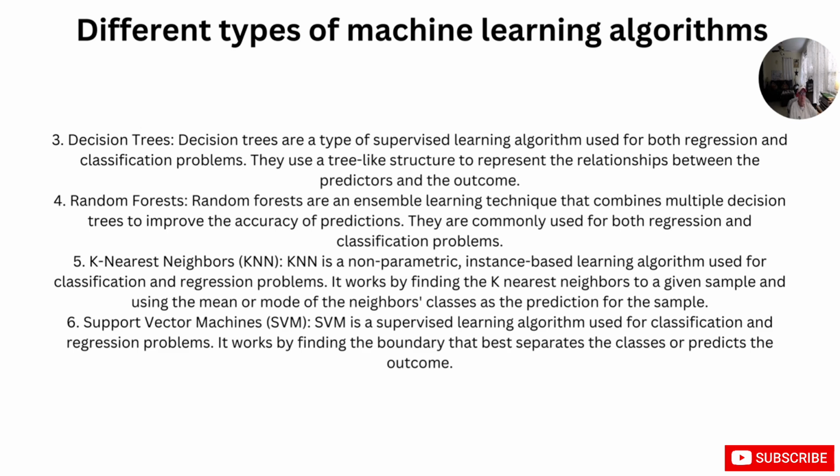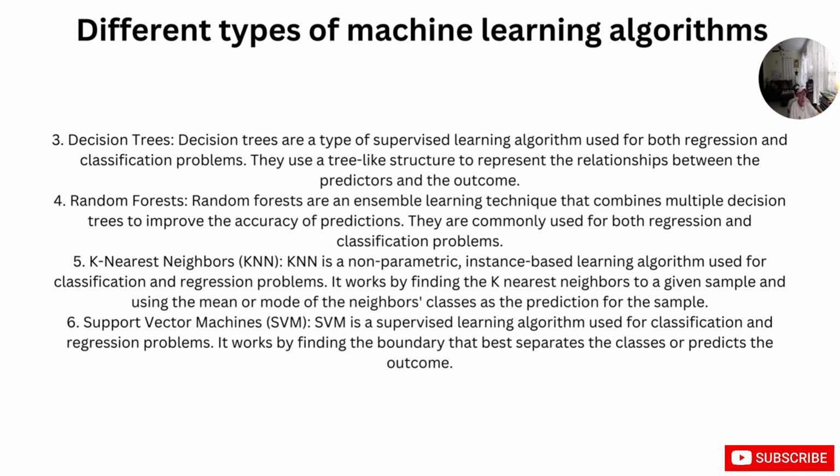Number four, random forests. Random forests are an ensemble learning technique that combines multiple decision trees to improve the accuracy of predictions. They are commonly used for both regression and classification problems. Number five, K nearest neighbors.